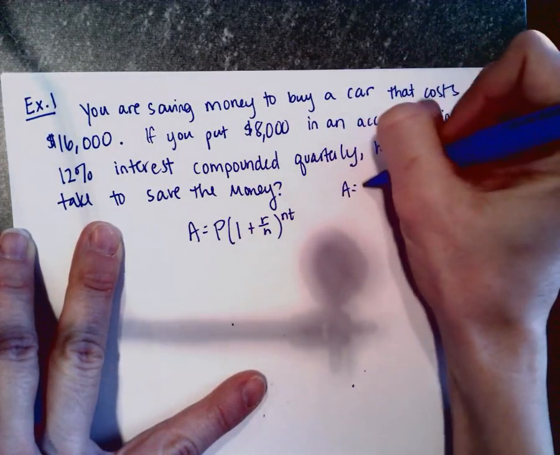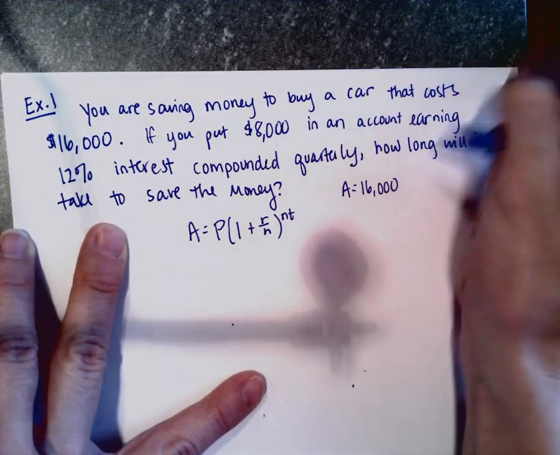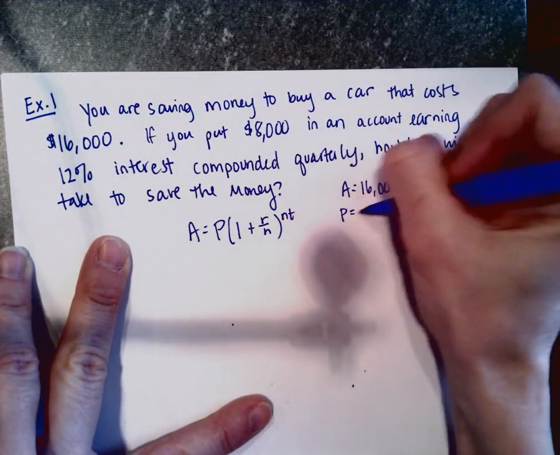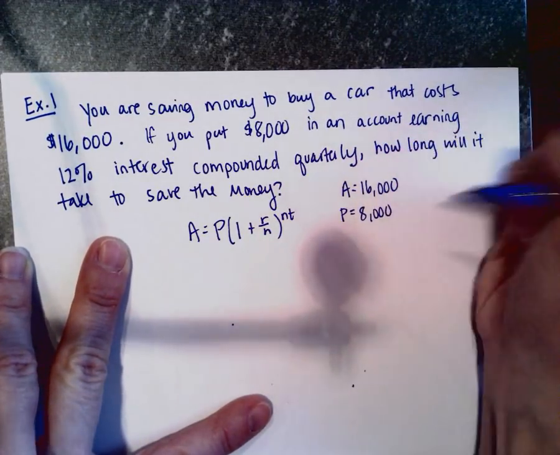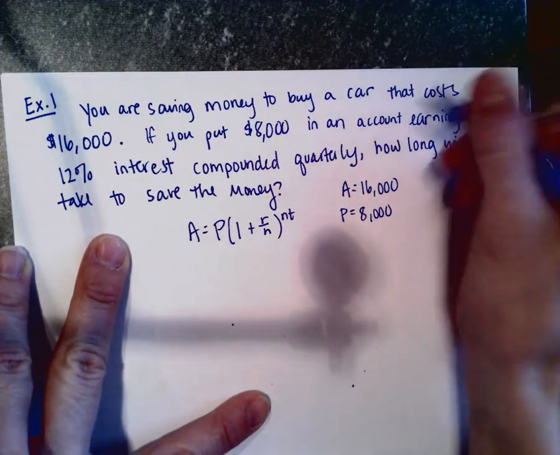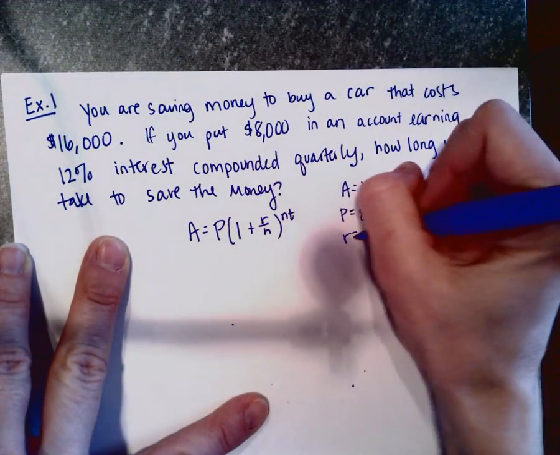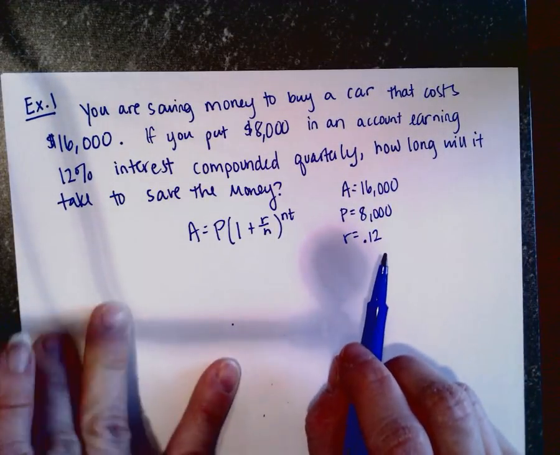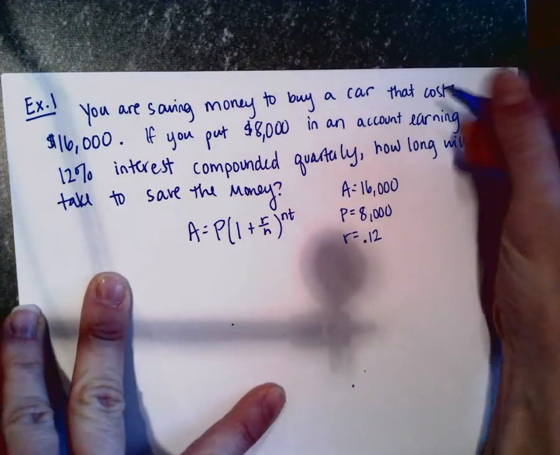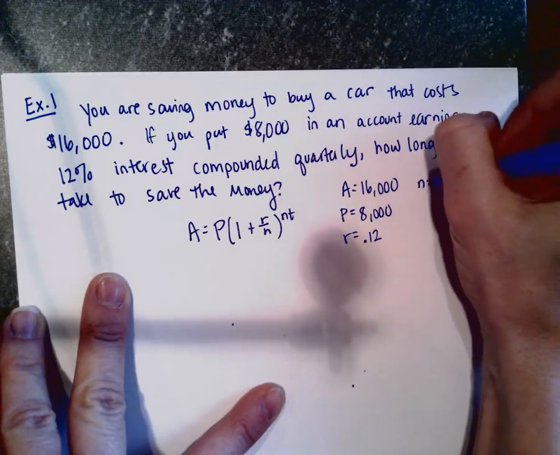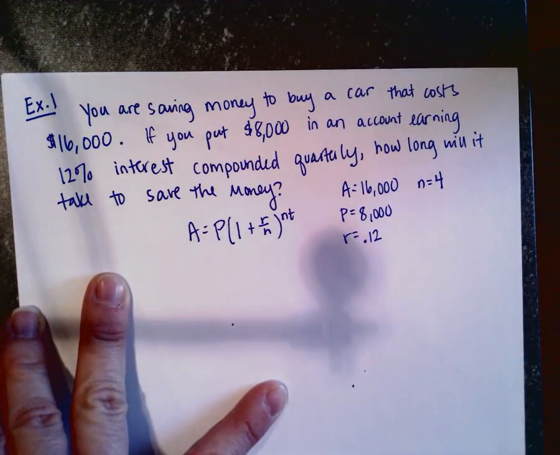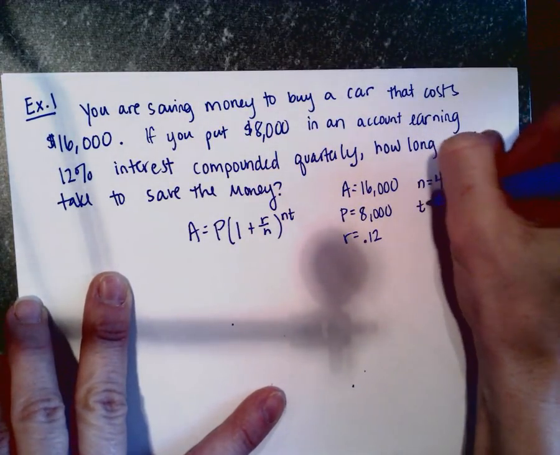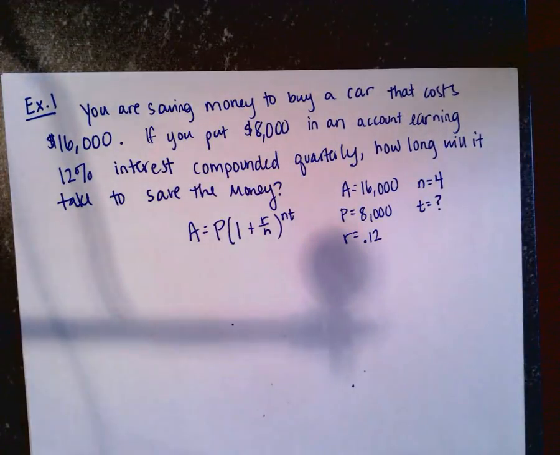So that's going to be our A. The $8,000 is how much I started with, so that's the P. The interest rate is 12%, so for R, I'm going to use 0.12, so you always want to change it to the decimal version. It's compounded quarterly, and what that means is 4 times a year. So we're going to use 4 for the N. And it says, how long will it take? So the T value, that's what I don't know. That's what I'm actually going to be solving for.